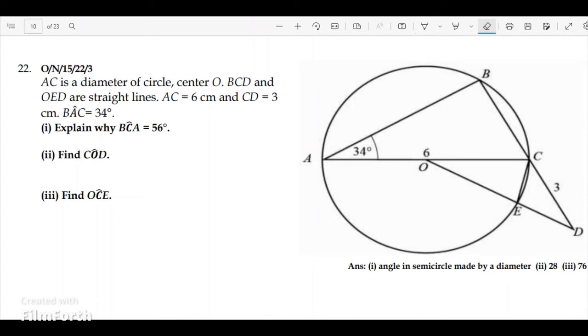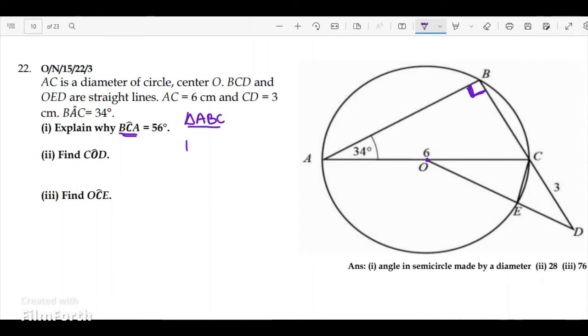By the way, this is the center. This means AC is a diameter, and hence this angle right here would be 90 degrees because this is the angle made at the circumference by the diameter. So if this is 90 degrees, they are talking about angle BCA. So we are looking at triangle ABC.